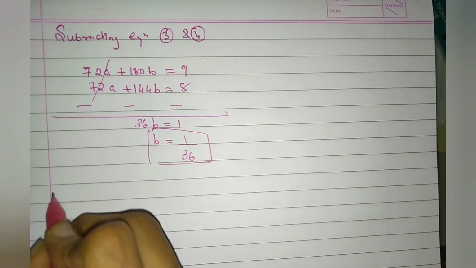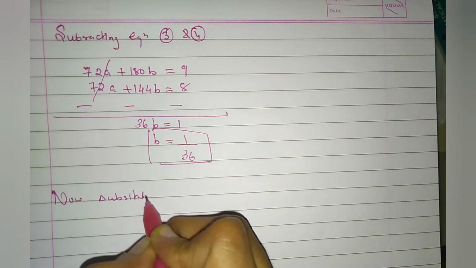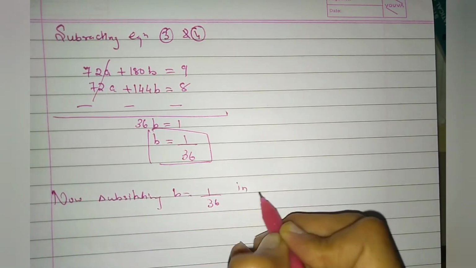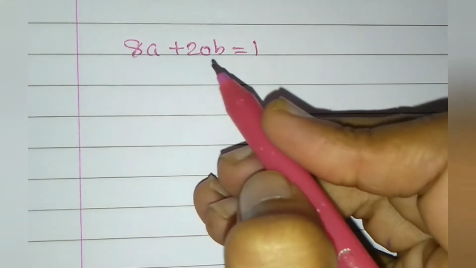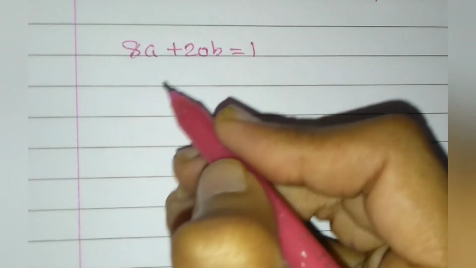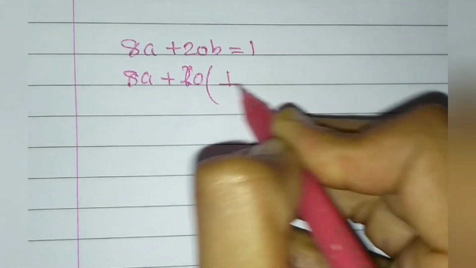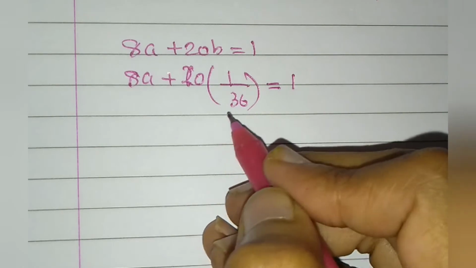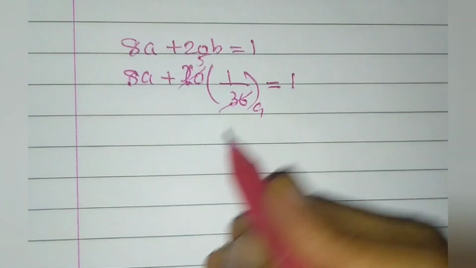Now this we have to substitute in equation. Substituting b equal to 1 upon 36 in equation 3. 8a plus 20b equal to 1. Value of b: 8a plus 20 into 1 upon 36 equal to 1. So 4 9s are, 5s are.